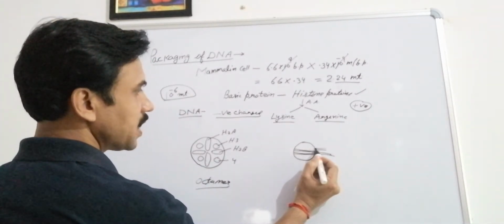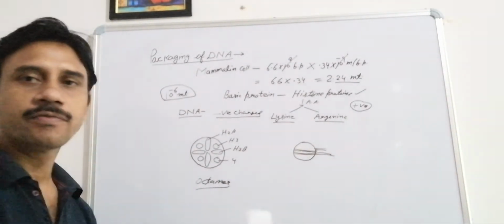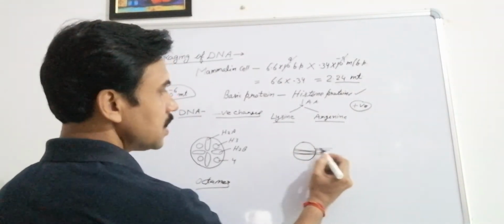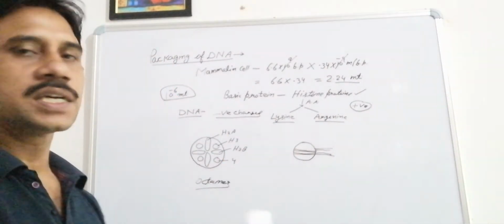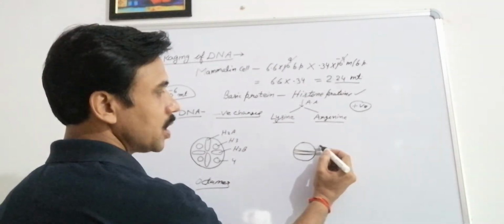The DNA takes one and a half turns, and as a result it encloses this entire structure. This structure we consider as the nucleosome.